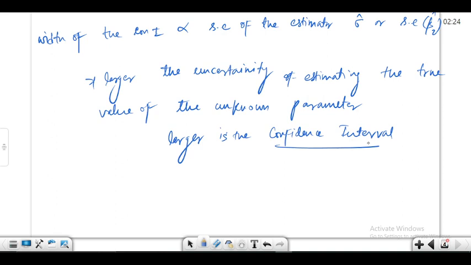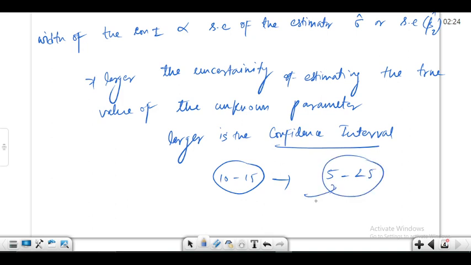So if you say that the beta 2 value lies in the range of 10 to 15, this is a more precise estimate compared to if I say that it lies between 5 to 25. So as this range increases or this confidence interval becomes wider, the reliability of my prediction or my estimation declines.